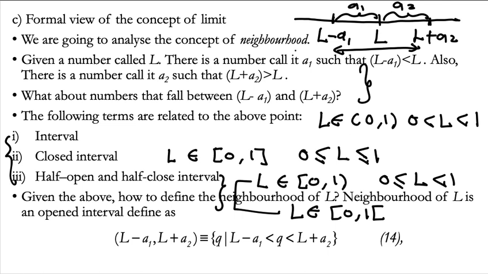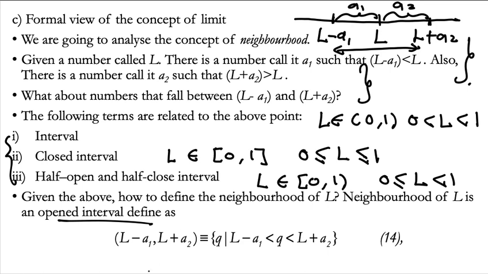Now, let's go back to this. Let me erase the mess here. Let's go back to this concept of the neighborhood of L. How do we define the neighborhood of L that we talked about just now? The neighborhood of L is actually an open interval which is defined as this. Look here, it is between L minus A1 and also L plus A2, isn't it?